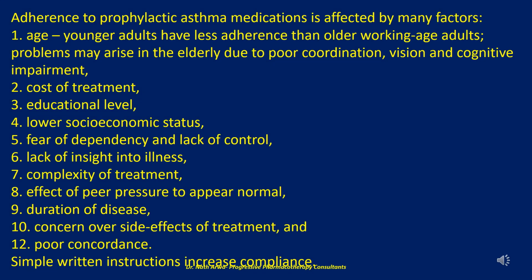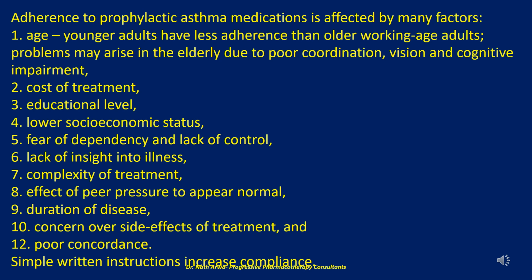Adherence to prophylactic asthma medications is affected by many factors as listed below. 1. Age. Younger adults have less adherence than older working-age adults. Problems may arise in the elderly due to poor coordination, vision and cognitive impairment.